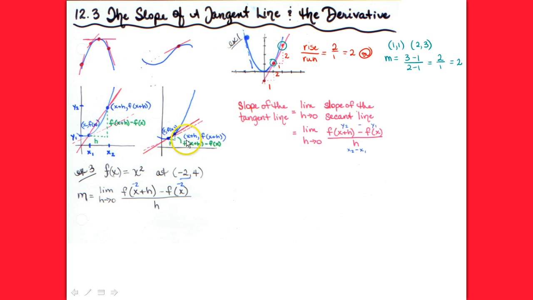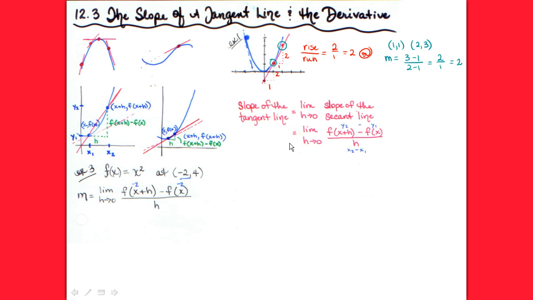And it's the exact same thing over here when the 2 points are closer together. So if I want to find the slope, I would do y2 minus y1. So I would say, okay, f of x plus h minus f of x. And then I would do x2 minus x1. So that would be x plus h minus x. And so that would just leave h in the denominator. Now, this should look very familiar, right?